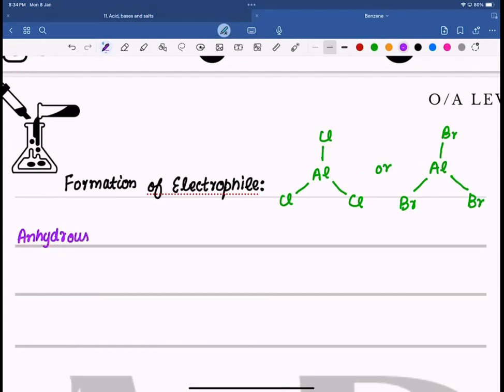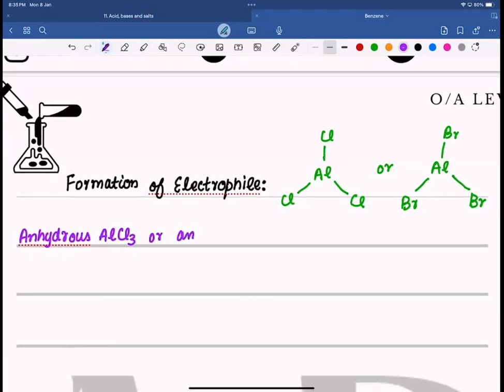So anhydrous aluminium chloride or anhydrous aluminium bromide generates the electrophile.